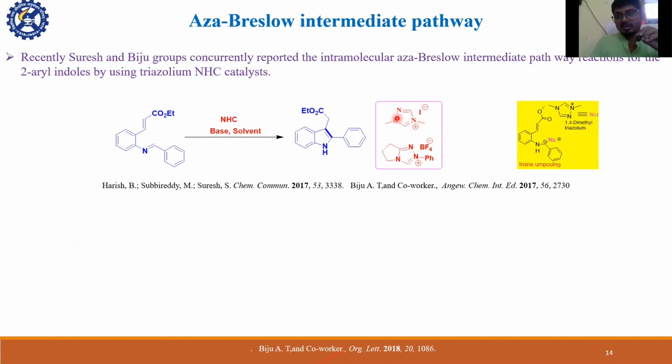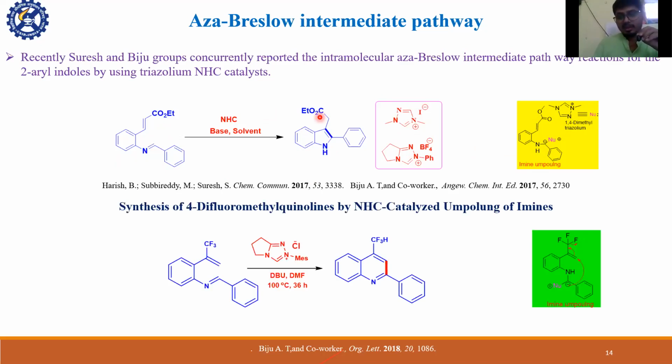This catalyst is used by our group, and this is the PG group. How is this reaction happening? Again, this imine undergoes reversal of polarity, and this anion is formed. Then this anion undergoes Michael addition reaction, and again aromatization and forms this product.